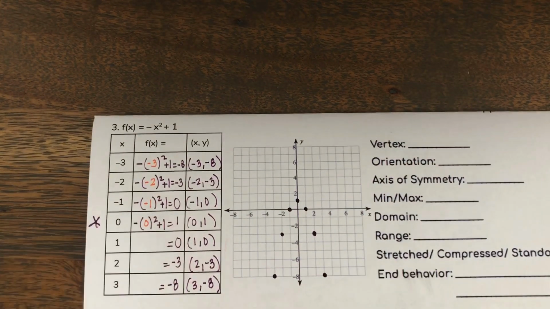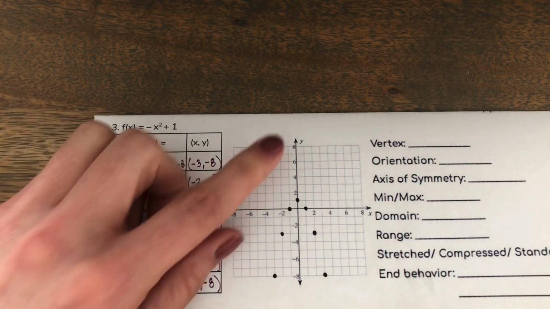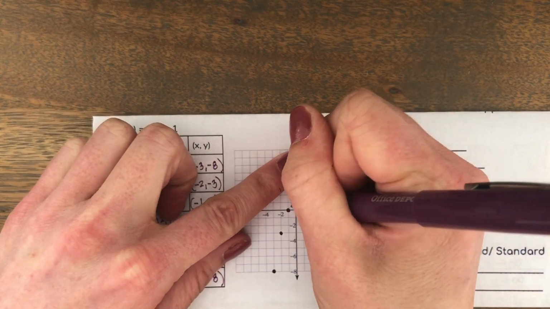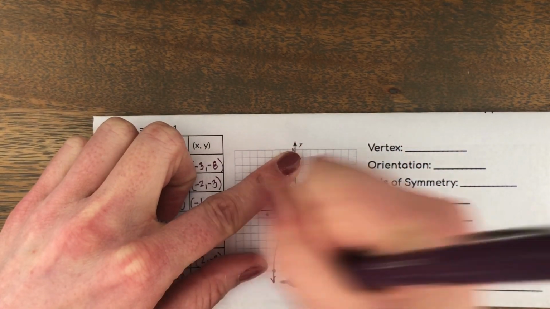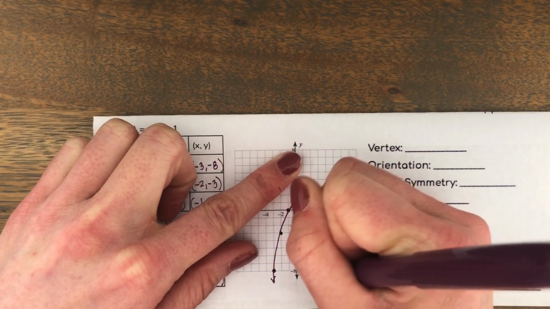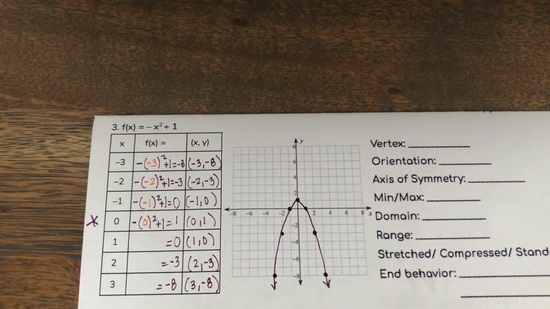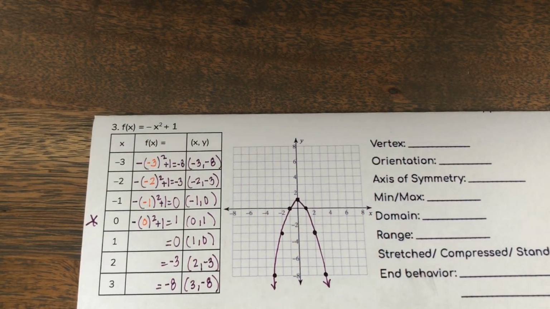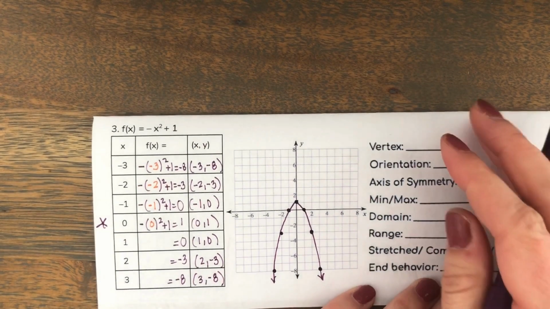So it's symmetrical, which is what you want. And make sure when you're connecting your points that you try to make it look like a U. Again, don't do straight lines. And there's your graph. And now you just answer these.